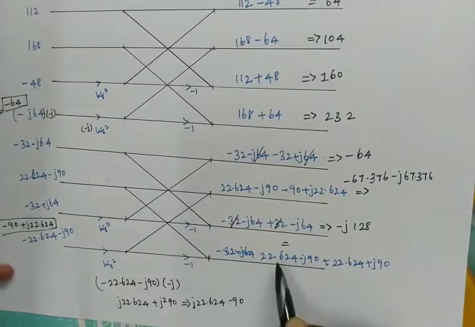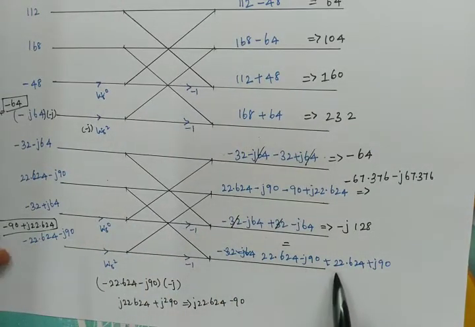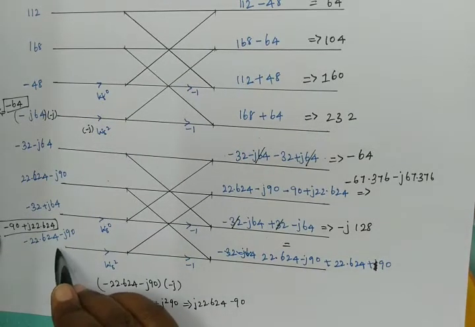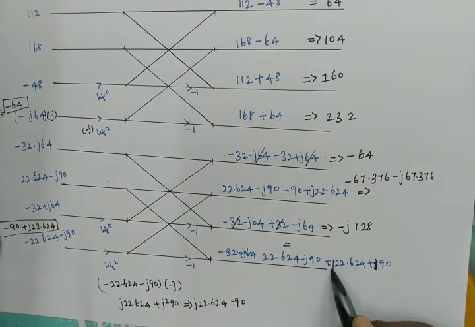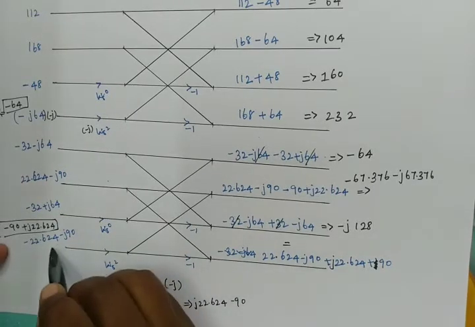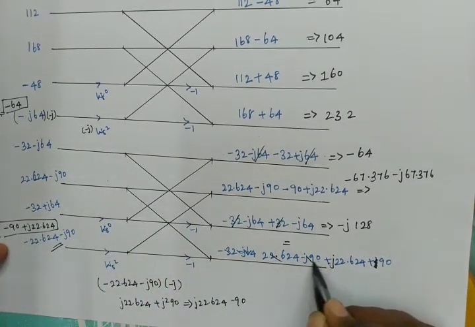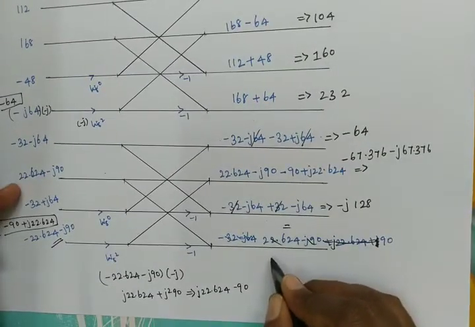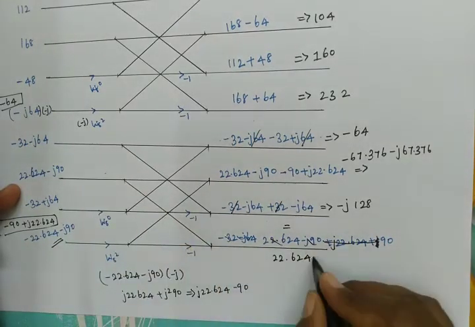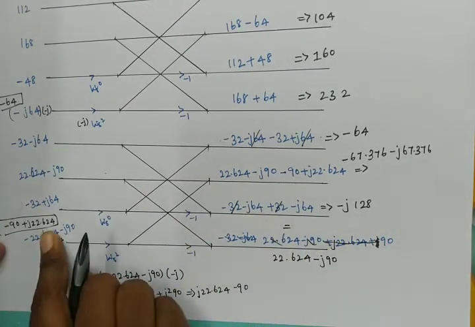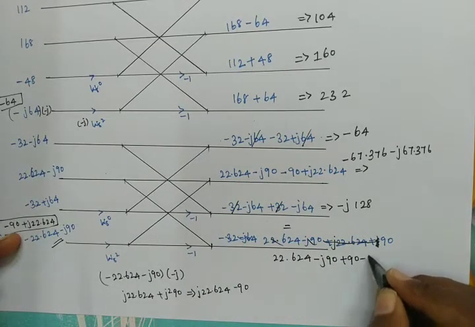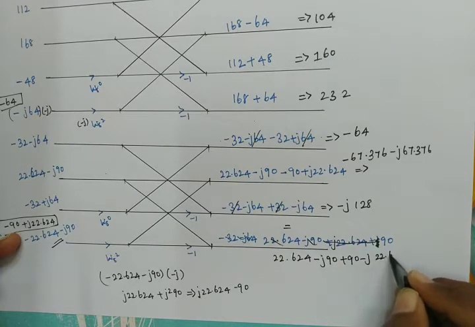Just a minute. Let us check. Here it is 22.624 minus J 90, and here it is plus 90. See, I have used here the same. And here it is J 22.624, and here we have plus. So see, instead of using this I used here. Let us write the step again. Here it is 22.624 minus j 90, and here it is minus into minus plus 90, then here we have plus into minus, minus j 22.624.